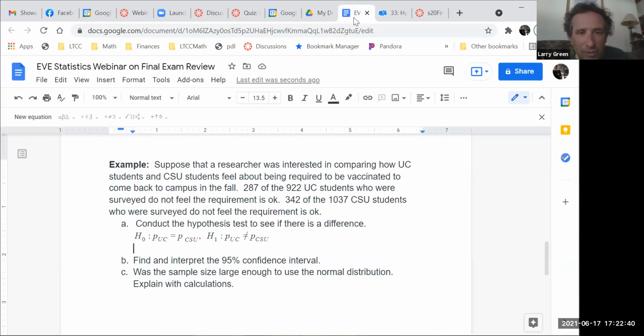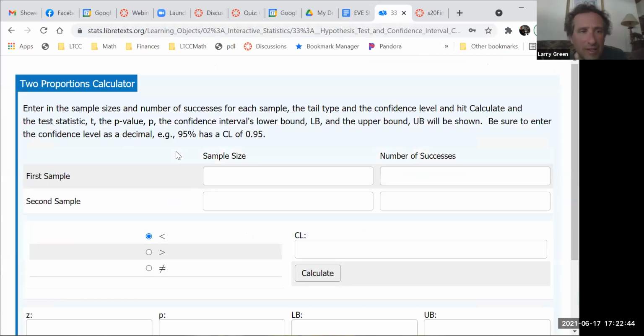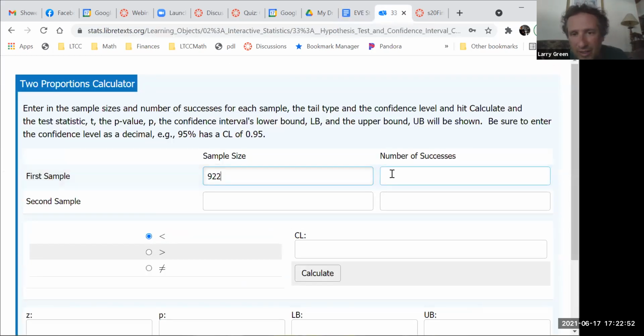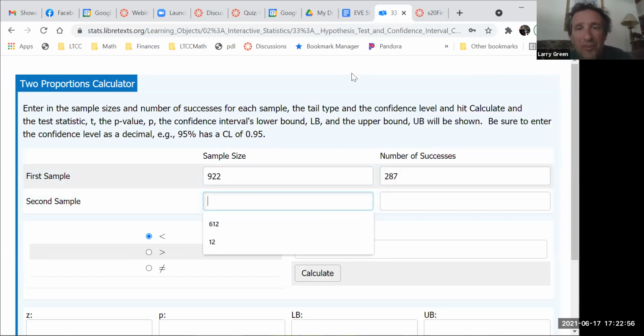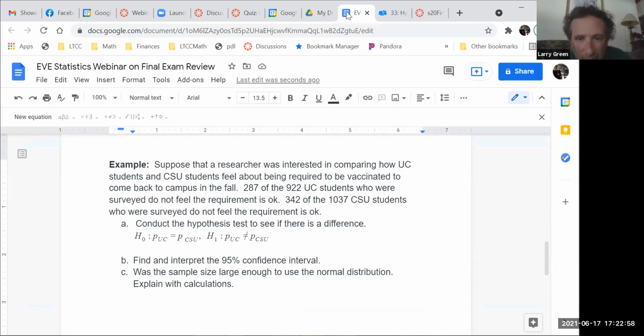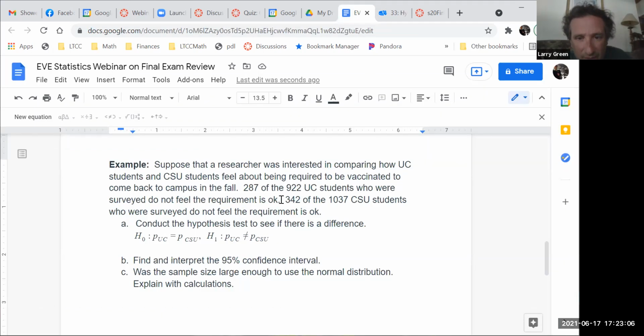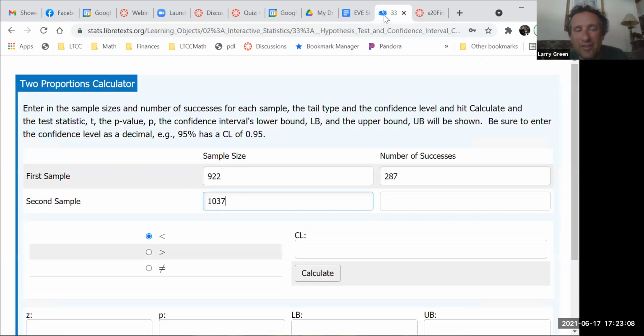The sample size was 922 for the first. And the number of successes was 287 for the first. And the sample size for the second one was 1,037. And the number of successes for the second was 342, and that's the CSUs.